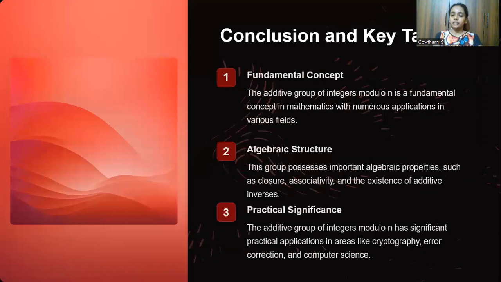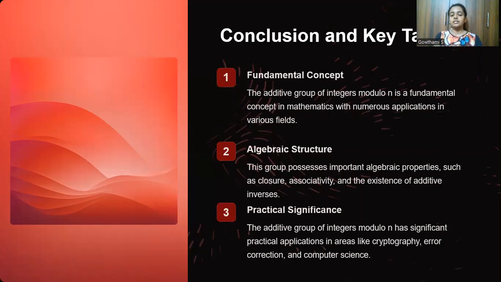Conclusion and the key fundamental concepts. We studied the additive group of integers modulo n as a fundamental concept in mathematics with numerous applications in various fields. Algebraic structure: this group possesses important algebraic properties such as closure, associativity, and existence of additive inverse. We also saw how we are supposed to prove it with an example.